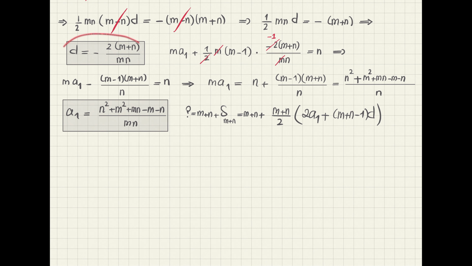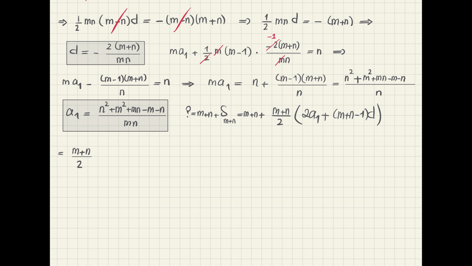So now we have to simplify this expression. On the one hand, I know this is d, on the other hand, I know a1 is that. But before doing that, because you see that m plus n appears here and there, let me factor m plus n out. But I would prefer to factor m plus n divided by 2 out, even though there is no 2 here. So what can I do? I factor m plus n divided by 2.